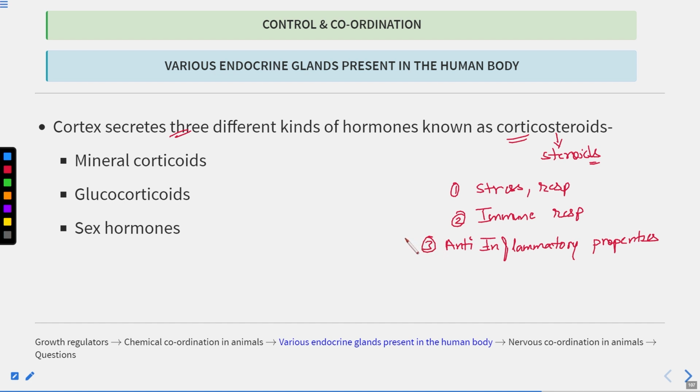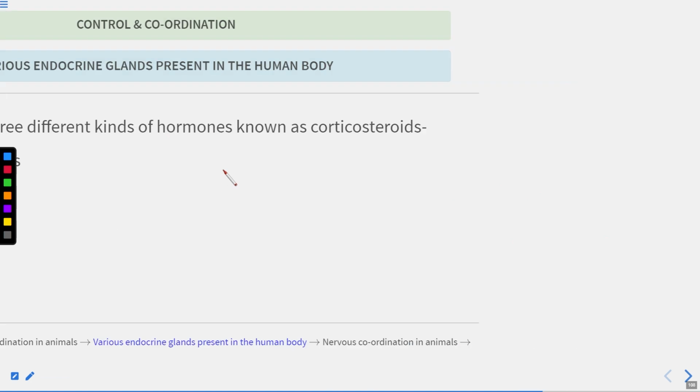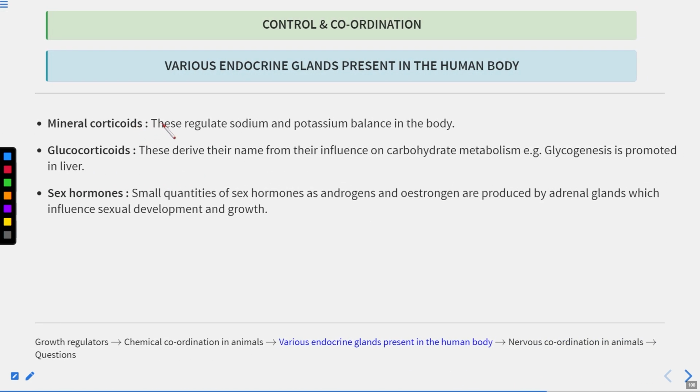What are the three hormones secreted by the cortex? First are the mineralocorticoids, second the glucocorticoids, and third the sex hormones. Mineralocorticoids regulate sodium and potassium balance in the body; sodium and potassium are minerals, hence the name.